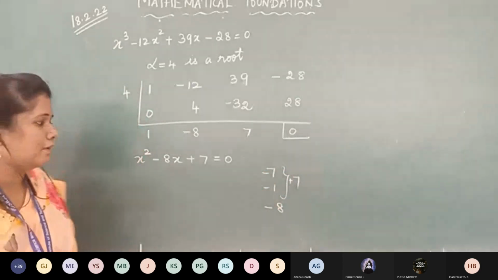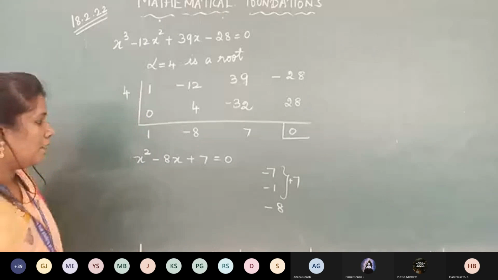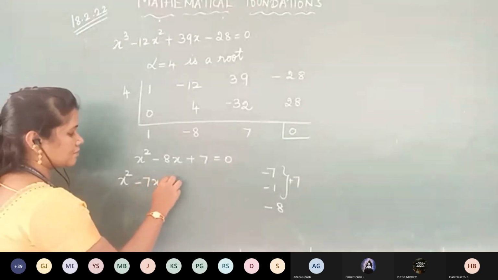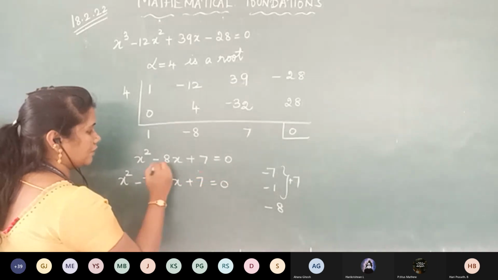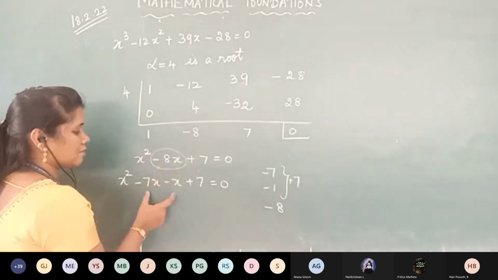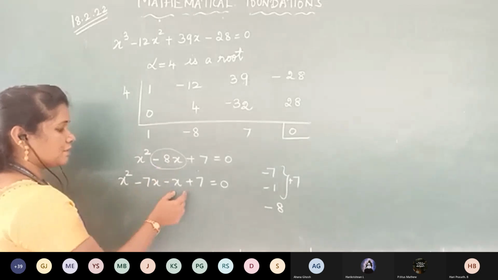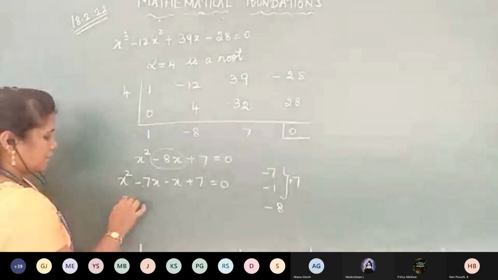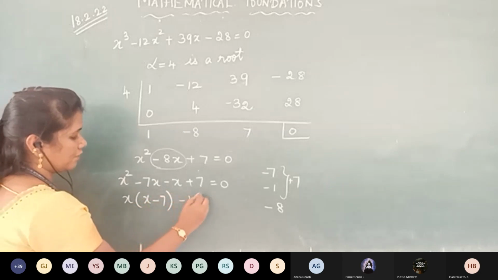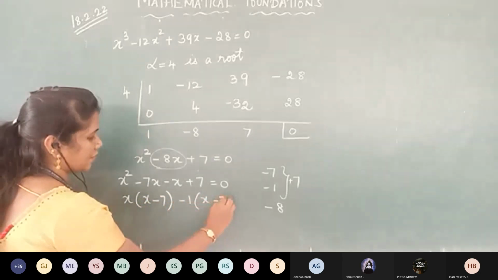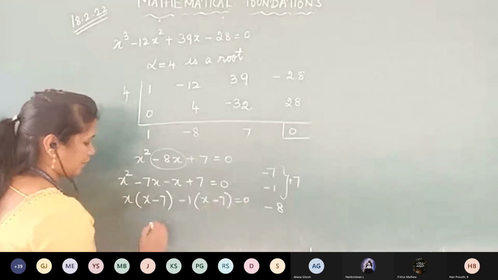So your equation will become x square minus 7x minus x plus 7 equal to 0. That is, I have expanded minus 8x as minus 7x minus x. Taking x common, x minus 7, and minus 1 outside, it will be x minus 7 equal to 0.